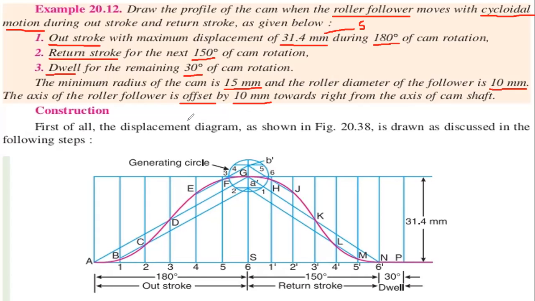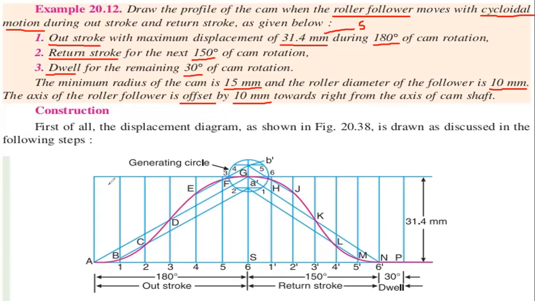First of all, we have to draw the displacement diagram by the following steps. Similar to the previous problem, we have to draw a rectangle taking the height as 31.4 mm and 360 degrees as the length.